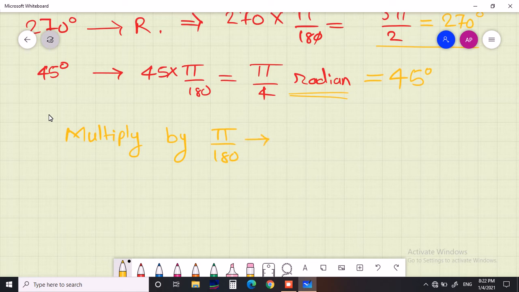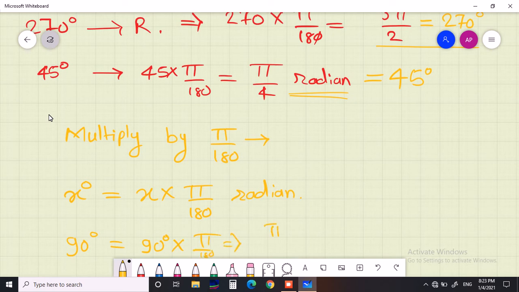So a generalized formula is x degree is equal to x multiplied by pi by 180 radian. If you put x equal to 90, 90 degree means how much radian? 90 into pi by 180, that results in pi by 2. So this is degree to radian.